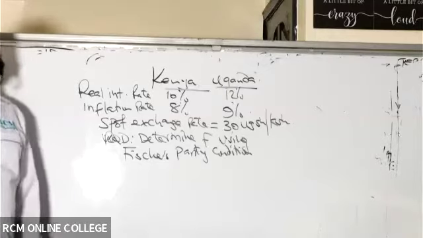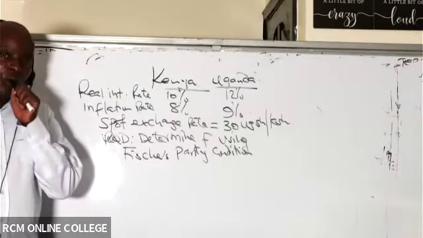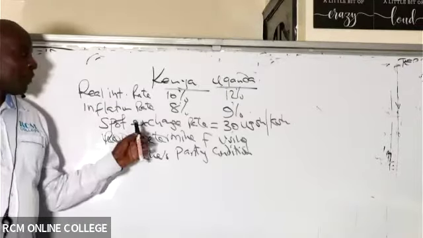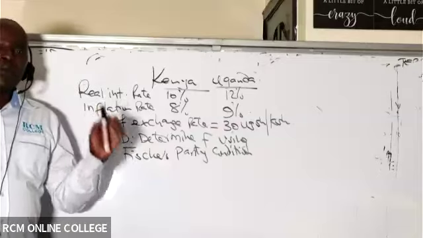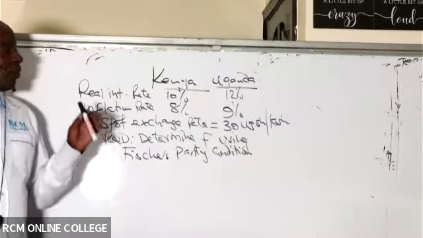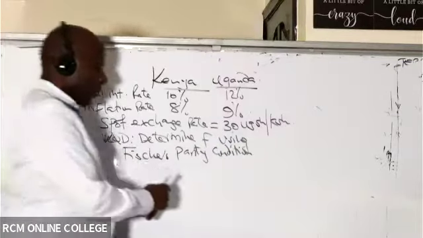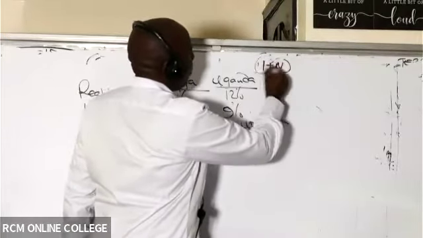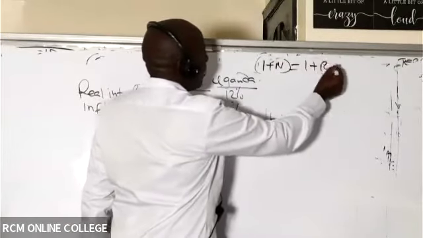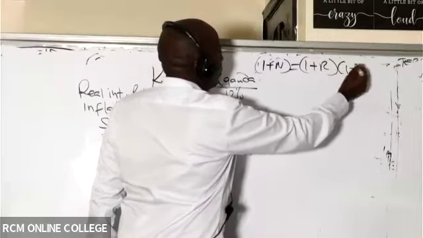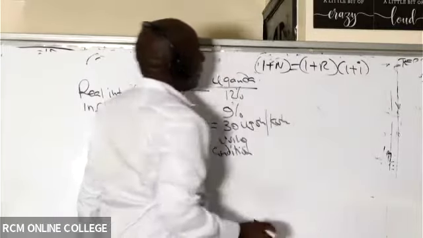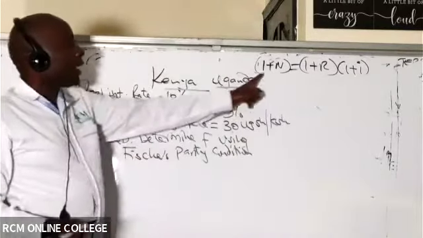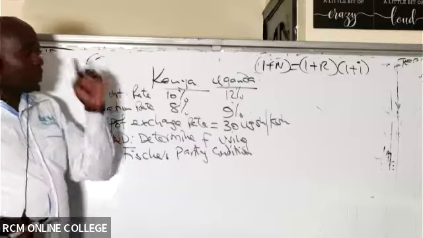Now, abracadabra, imagine kitu sio ngumu. Na uzuri mshafanya Fisher's equation na Mwalimu David. Fisher's equation tunasema 1 plus nominal equals 1 plus real into 1 plus inflation. Please write it in full. This is 1 plus nominal. N is nominal rate of interest.